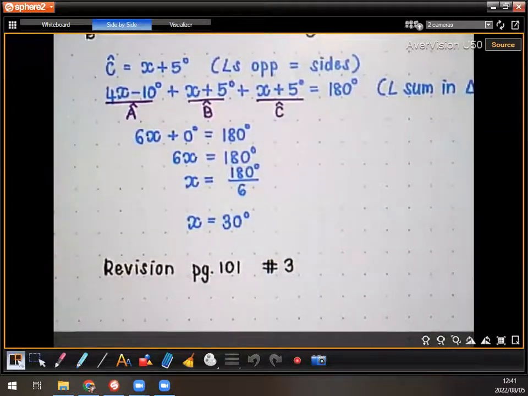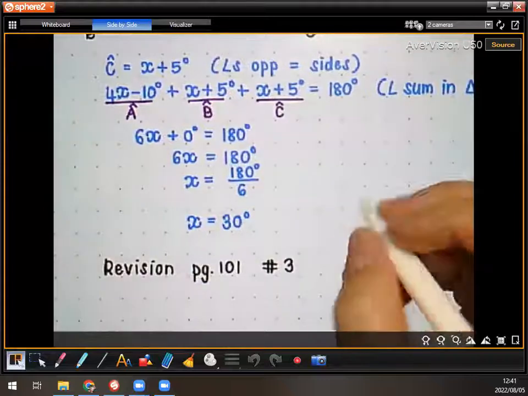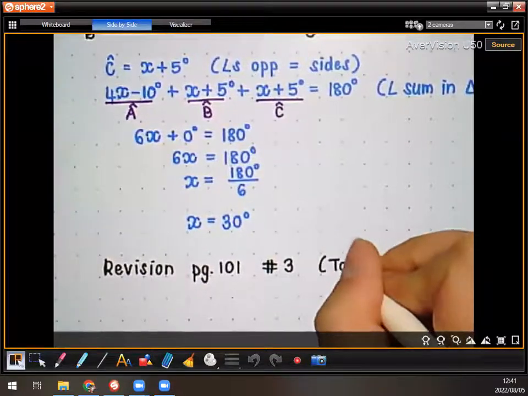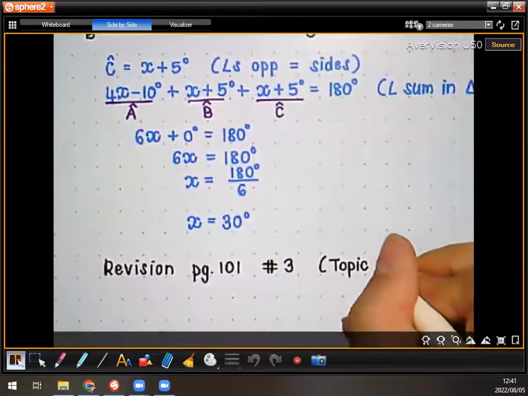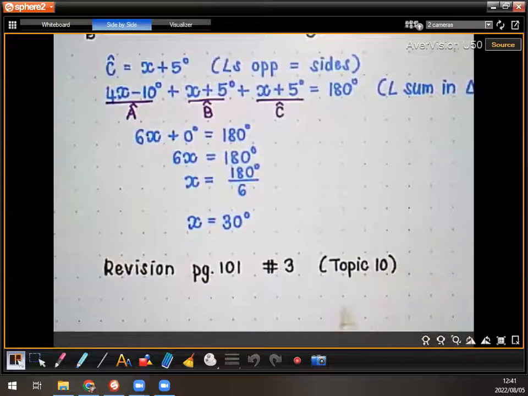Grade 8, for those of you that have a different textbook, this is topic 10's revision exercise. So you might just have to find where topic 10 is and then go to the revision exercise.